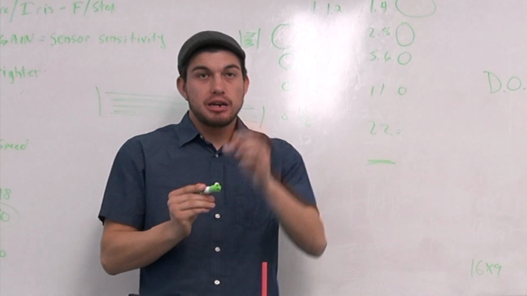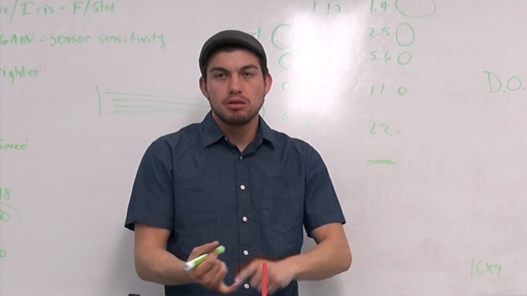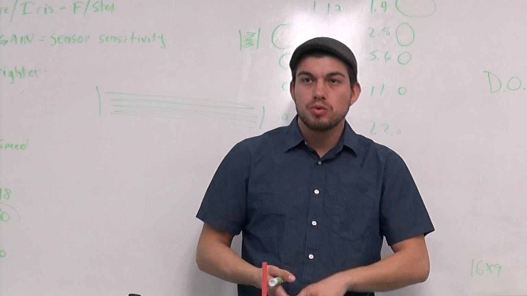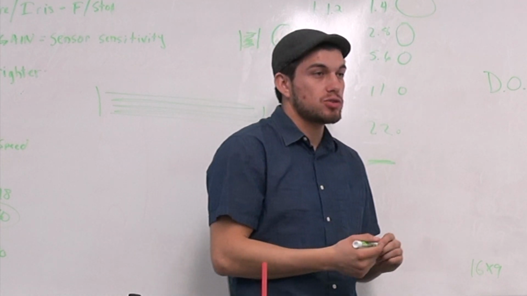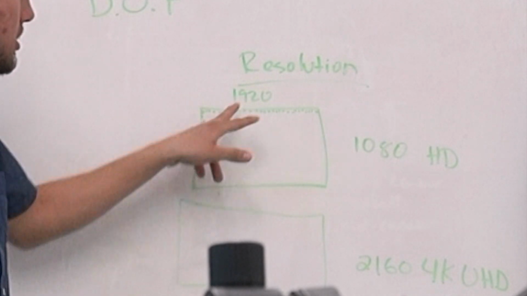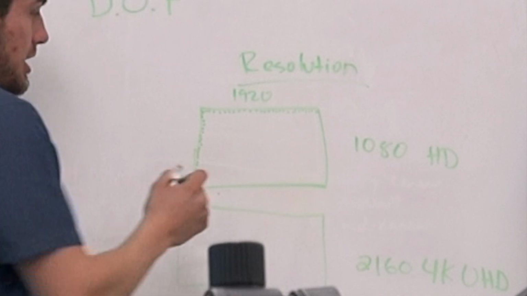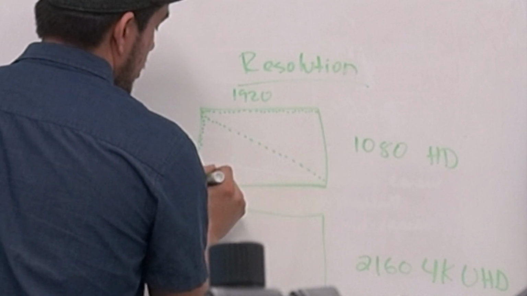It's literally a tiny little square that has information with it. Color, luminosity, which is brightness, contrast, saturation, all of that stuff. It has information in one pixel. Ultimately, you have to multiply these together, 1920 by 1080, and that's going to comprise all of your pixels.